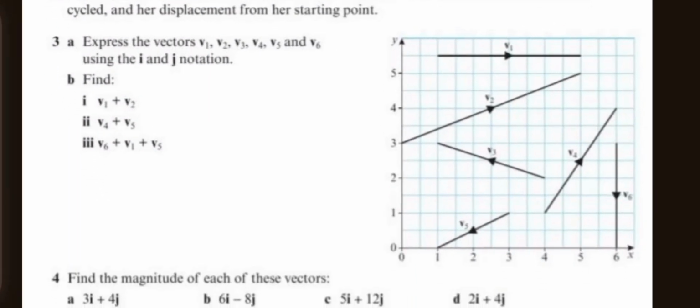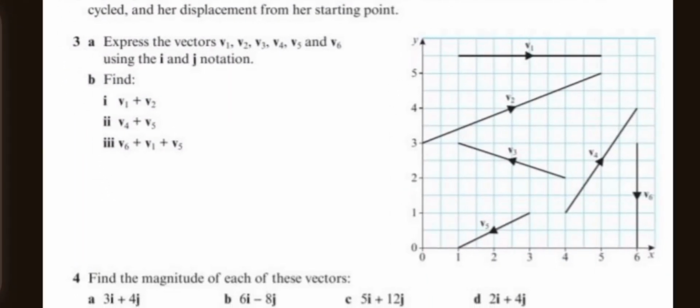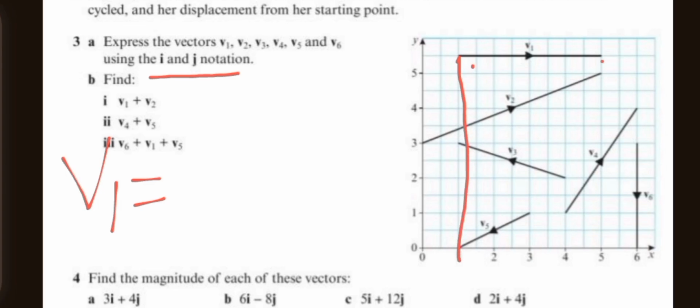Now let's look at number 3. Express the vectors v1, v2, v3, v4, v5, and v6 using the i and j notation. So v1, if you look carefully, it is 1 to 5.